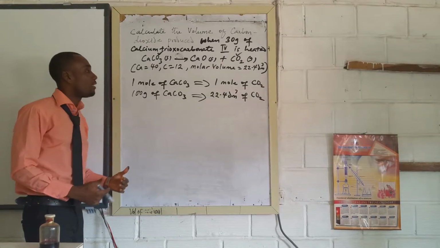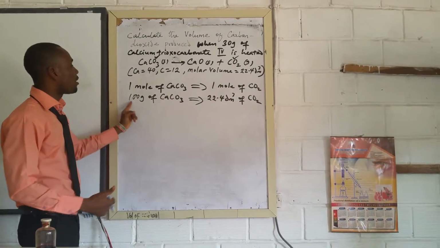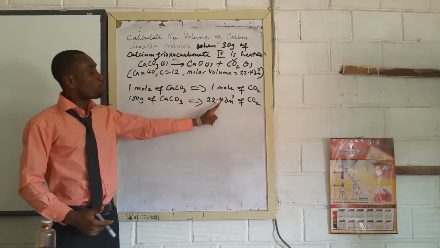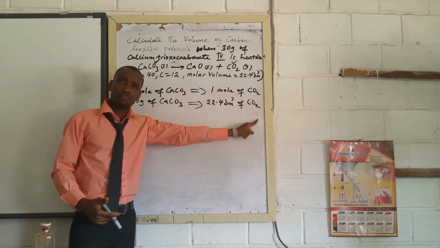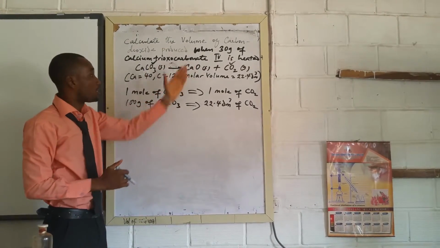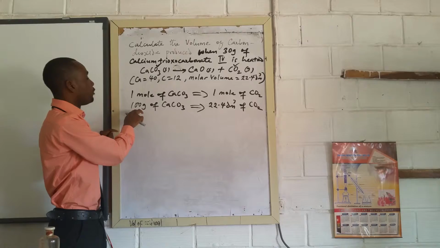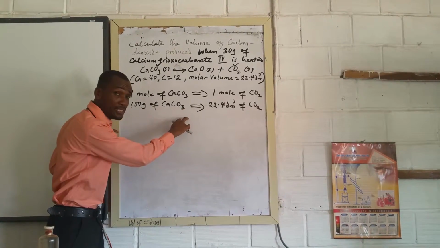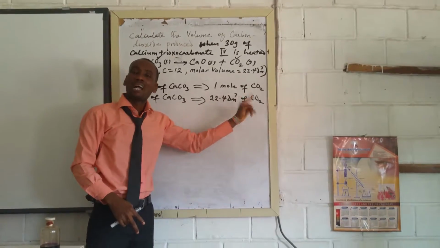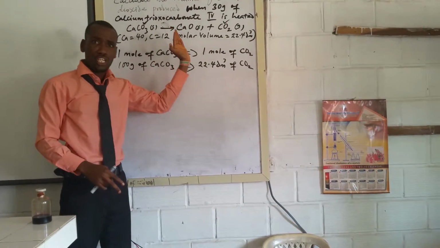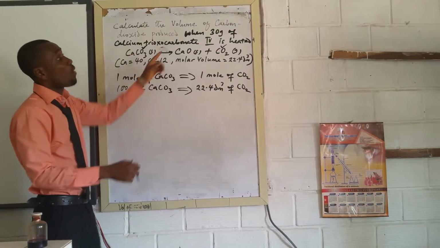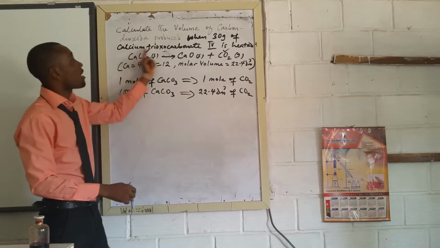So we are almost there. From what I have here now, we have 100 grams of calcium trioxocarbonate yielding 22.4 dm³ of carbon dioxide according to this equation. According to this equation, if you heat 100 grams of calcium trioxocarbonate, you are going to get 22.4 dm³ of carbon dioxide. But what about according to the question? The question is requiring 30 grams of calcium trioxocarbonate.